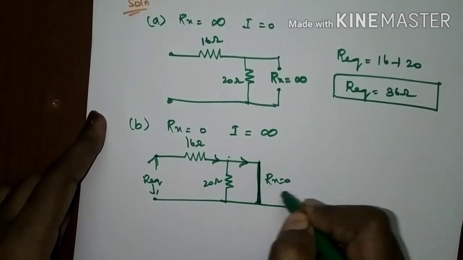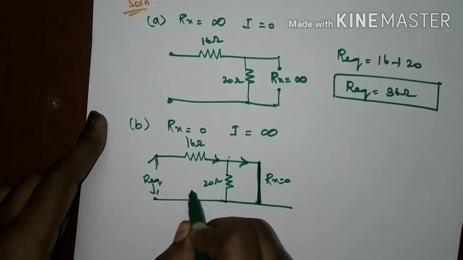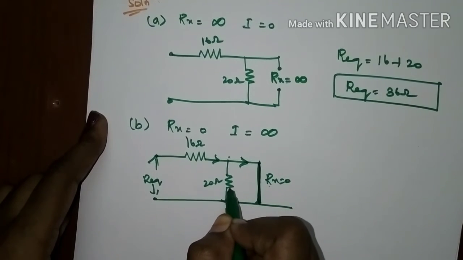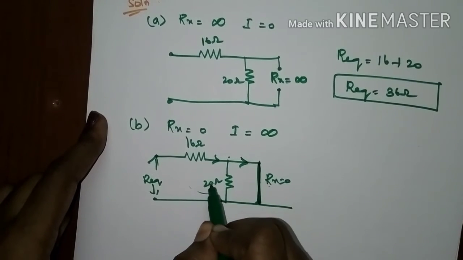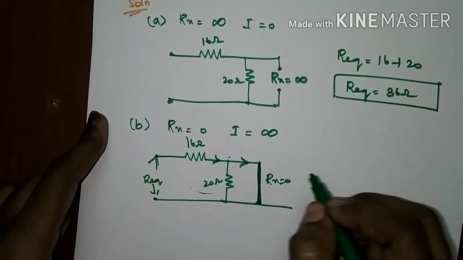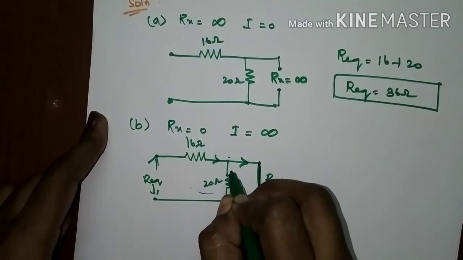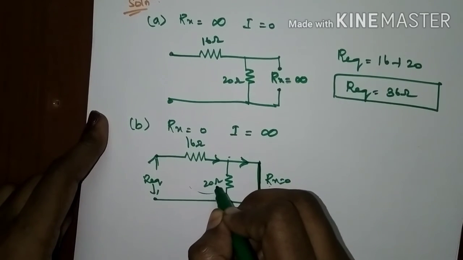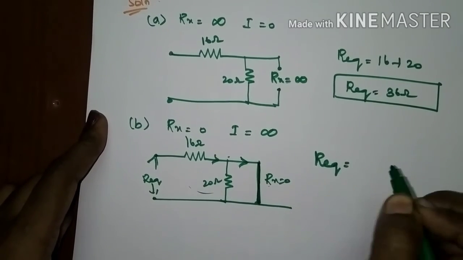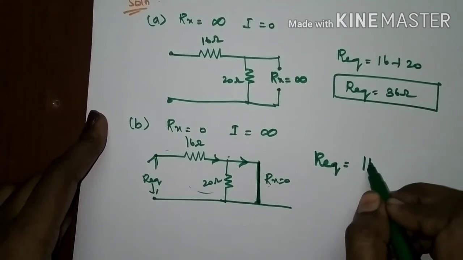So where the resistance is 0, this resistance would not have any value. Whether it is connected or not connected, it doesn't have any value and the current won't flow in this path. Why? Because here the resistance is 0, the current will take the low resistive path. So the current will flow here and this resistance has no value. So if you find the equivalent resistance for this circuit, your equivalent resistance will be only 16 ohms.